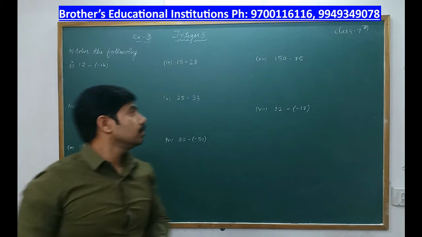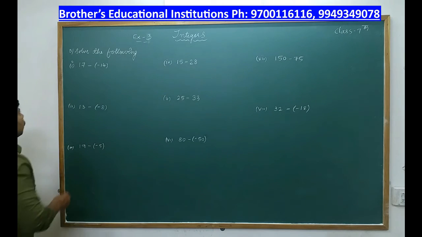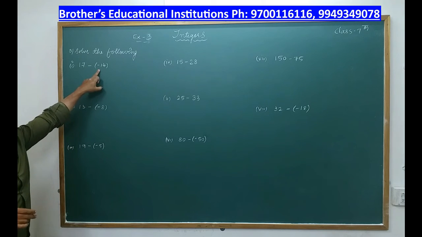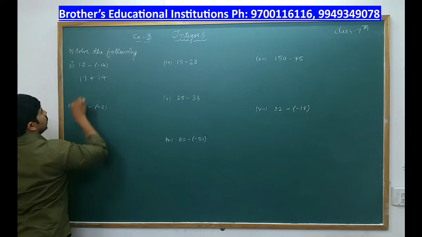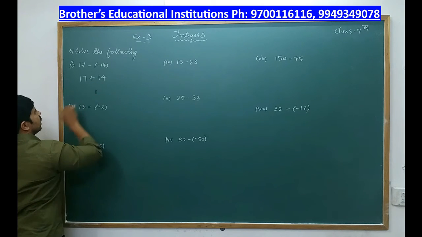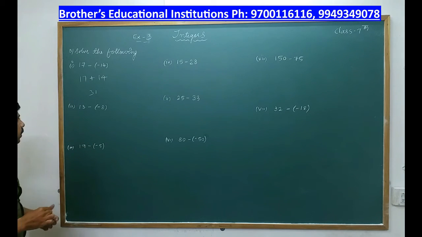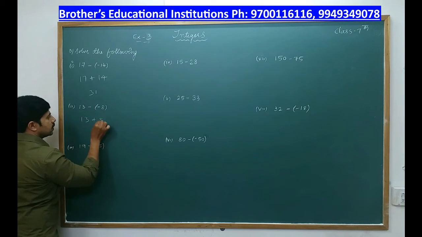So next problem. Solve the following. Right? So now first I write, see, it is 17 minus of minus 14. So 17 plus 14. 7 plus 4 is 11 and it is 31, right? Then after that we have 13 minus into minus plus.